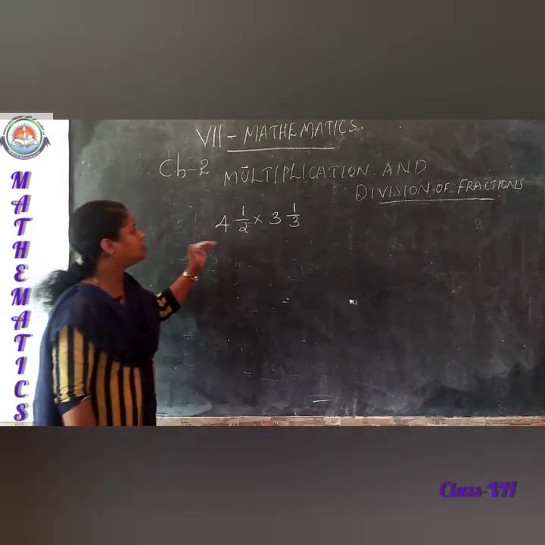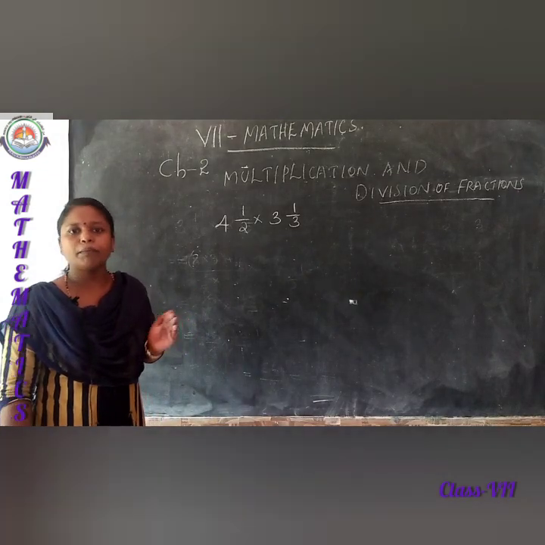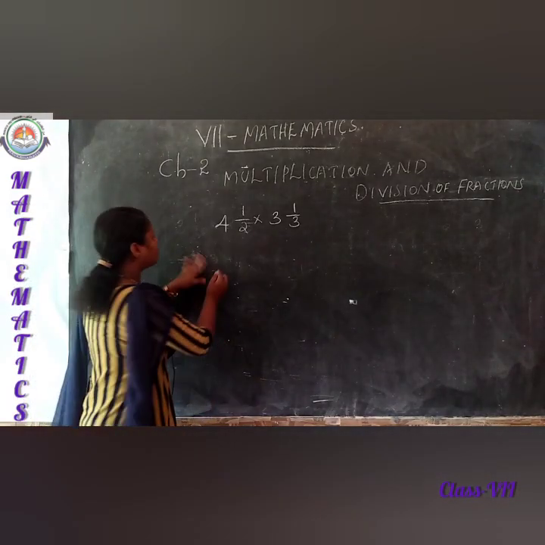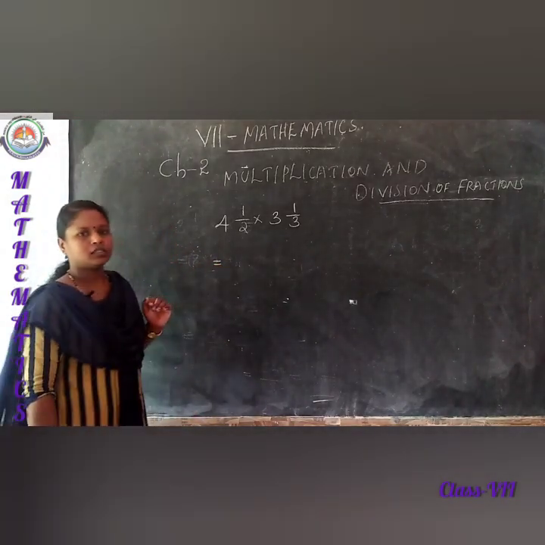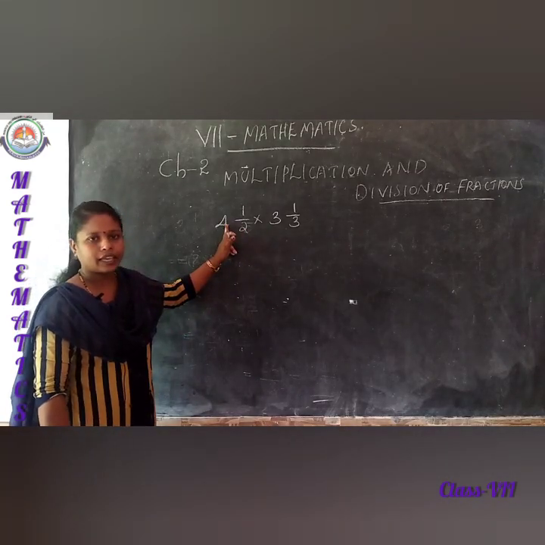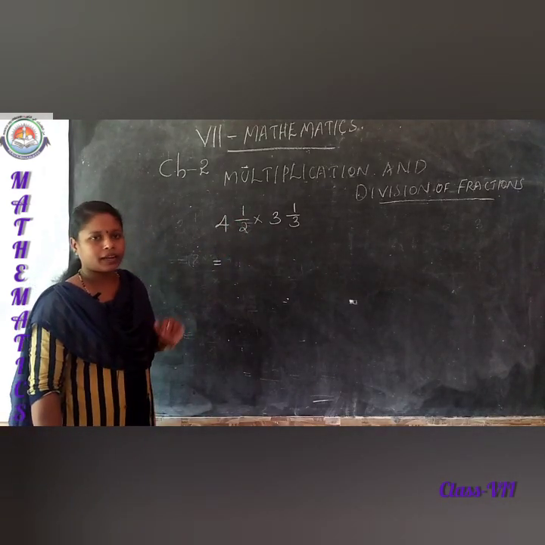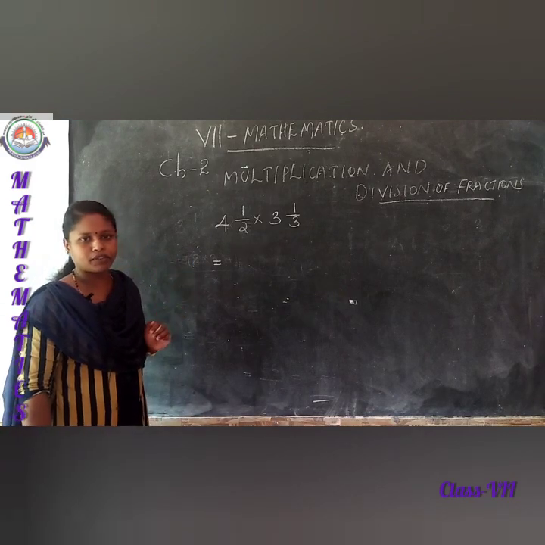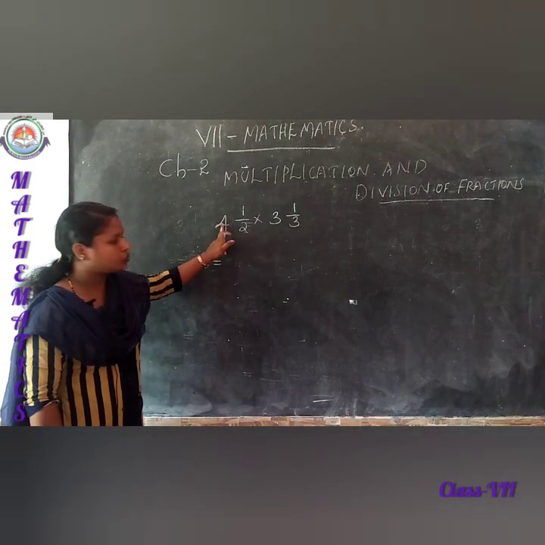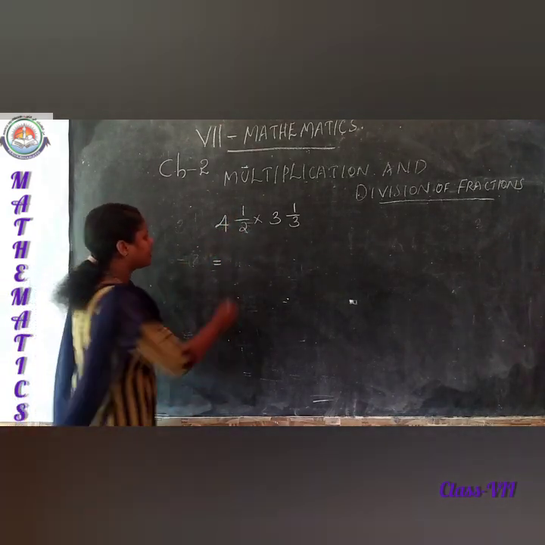So first we need to change them into improper fractions. Equal to 2 into 4, 8, 8 plus 1, 9. Directly I am writing the improper fraction.